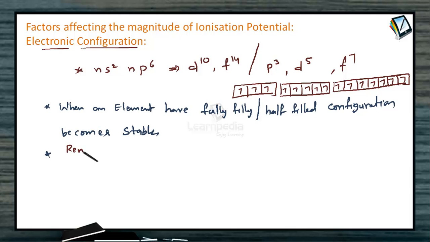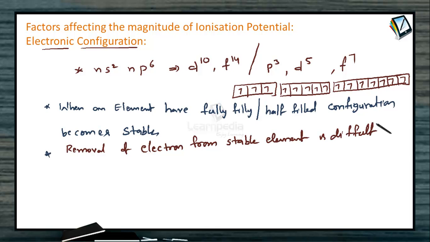So removal of an electron from a stable element is difficult. In those cases, we need to apply more ionization energy. From this you can say the elements which have a fully filled or half filled configuration require more ionization potential to remove the electron.